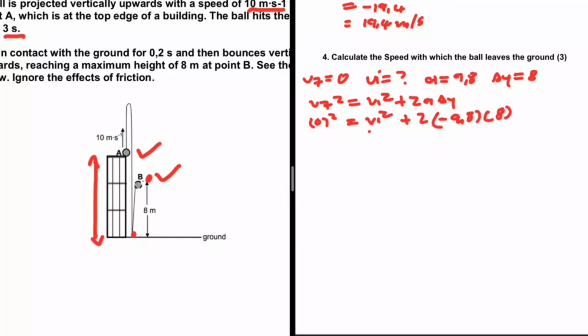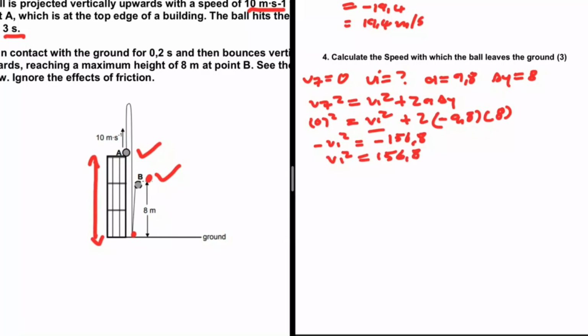Okay, so if we take Vi squared to the left hand side, we're going to have minus Vi squared. So minus Vi squared is equal to minus 156.8. Dividing both sides by minus 1, Vi squared is equal to 156.8.